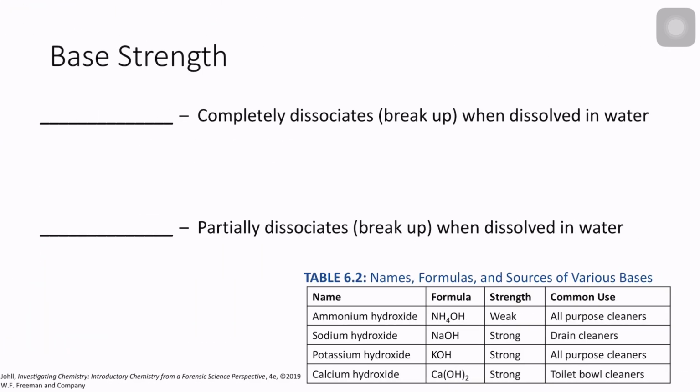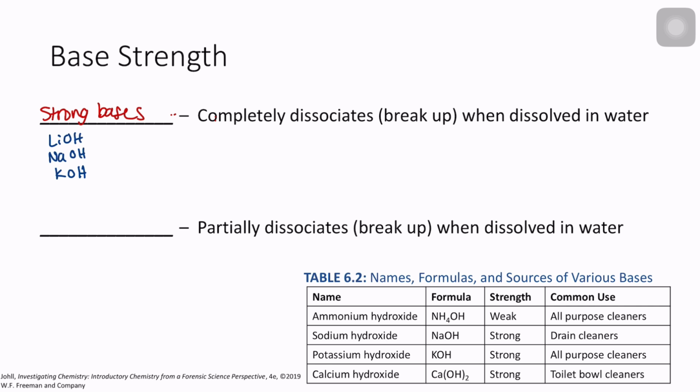Just like with acids, we have different base strengths. Strong bases completely dissociate or break up when dissolved in water. We also have six strong bases for this class. We have lithium hydroxide, sodium hydroxide, and potassium hydroxide. Technically, cesium hydroxide is also a strong base because it is in group 1, so it is a soluble hydroxide.